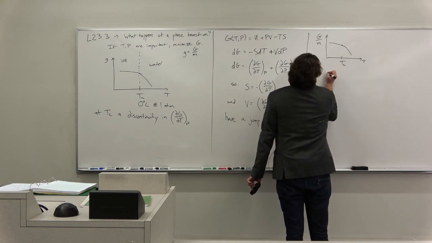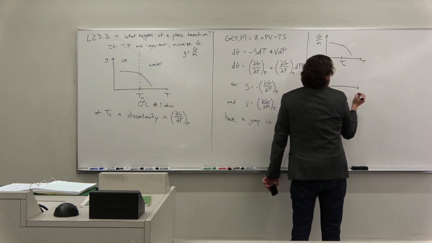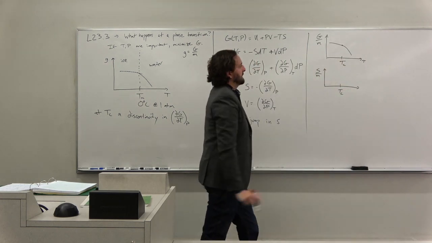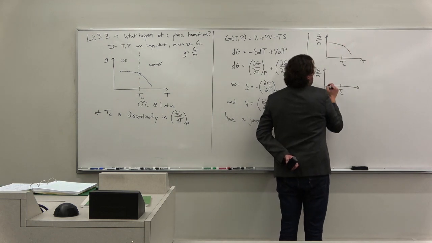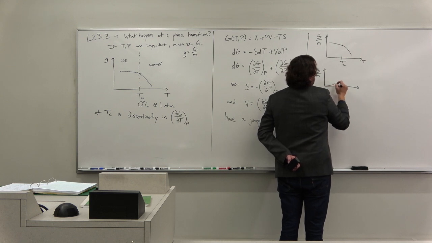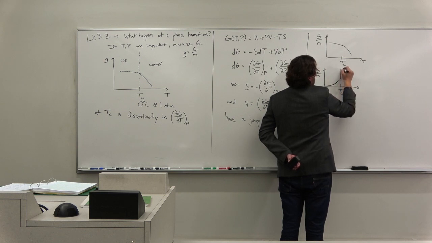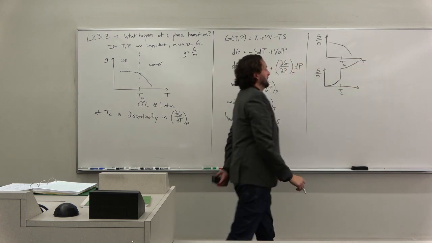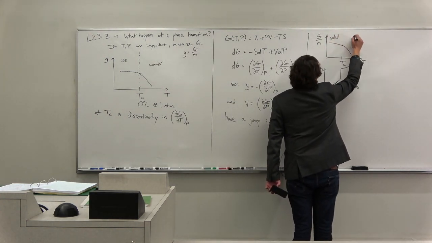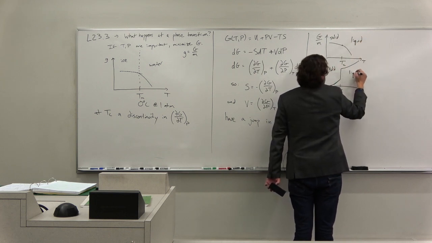If I were to plot S, let's make it per unit mass too, at that same TC, how does this look? All right, so this is the slope. I drew it so that it's getting flatter. And so S is increasing, it jumps, and it increases some more. Okay, so this was, for example, the solid and the liquid.